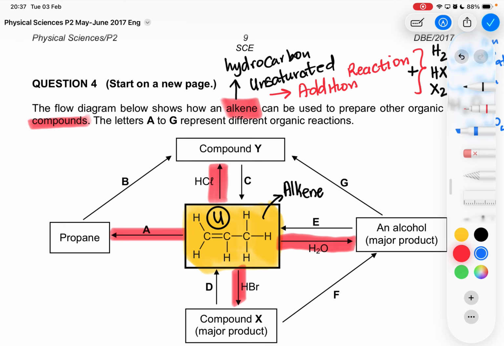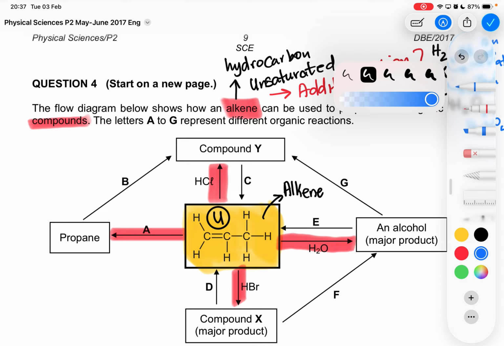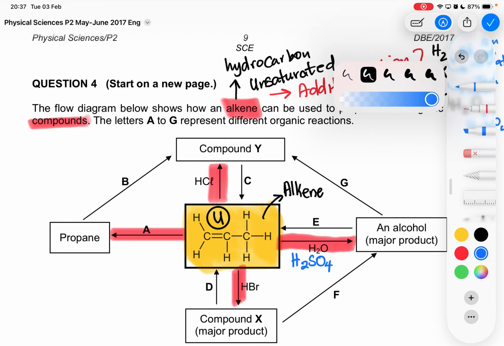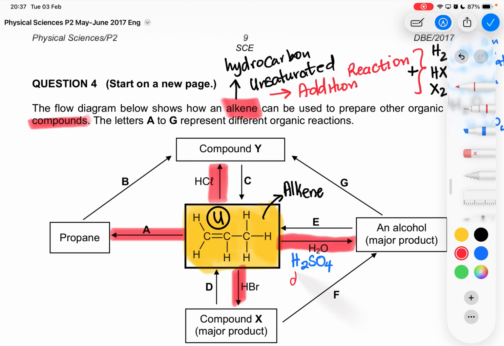So when I see water, I must think, okay, I'm moving from an unsaturated compound and adding water. When I add water, it means I do need sulfuric acid. But now the question is, is this sulfuric acid concentrated or dilute? In this case, it is dilute.